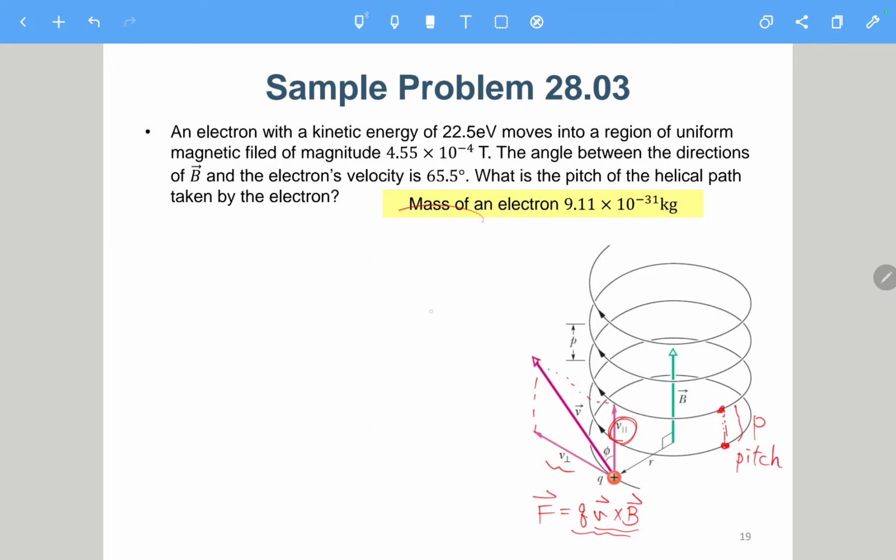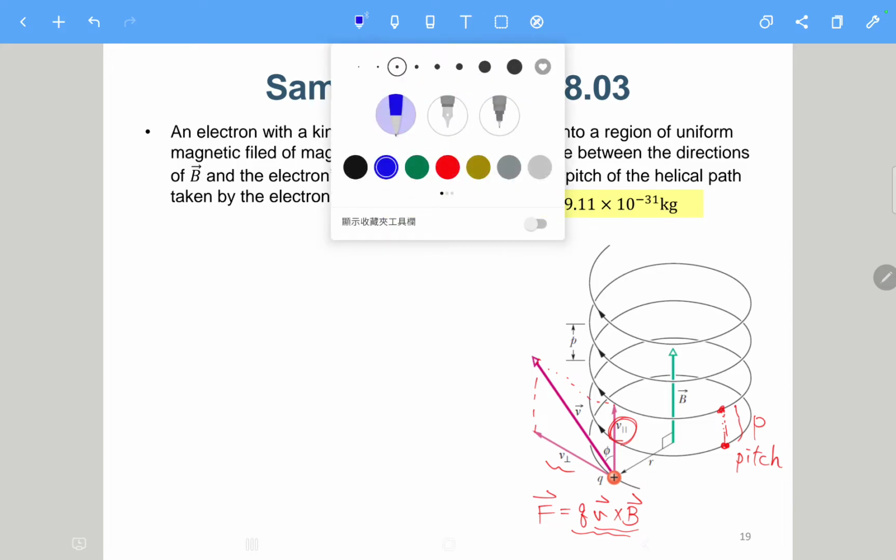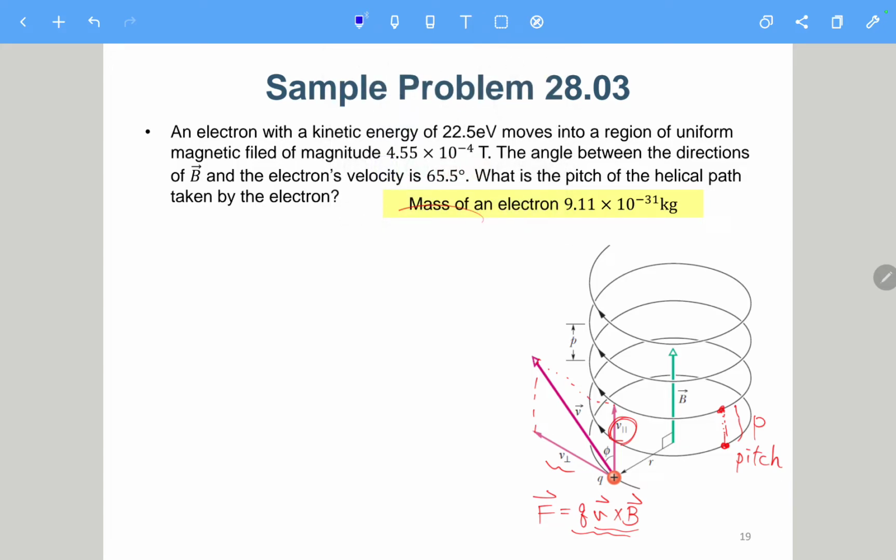Okay, so it asks you how long is the pitch for the helix line. So first of all, we try to know the velocity first, because here we only know the kinetic energy. So as before, we use v equals square root of 2K over m. And then we plug in the numbers.